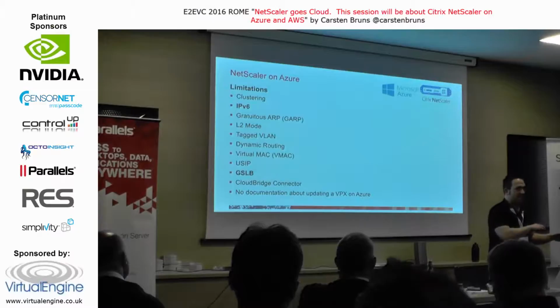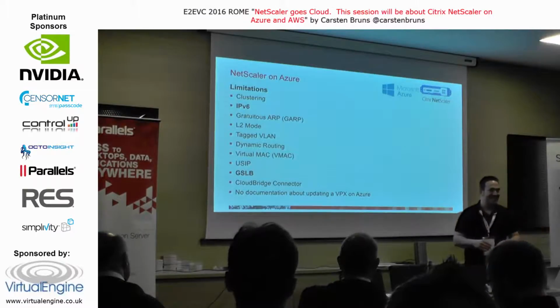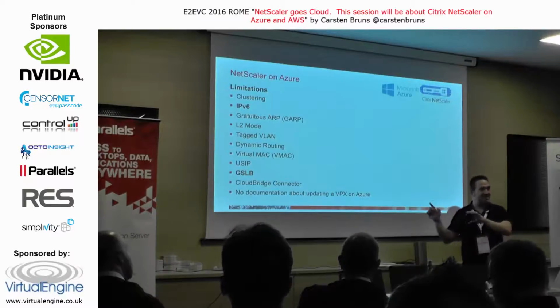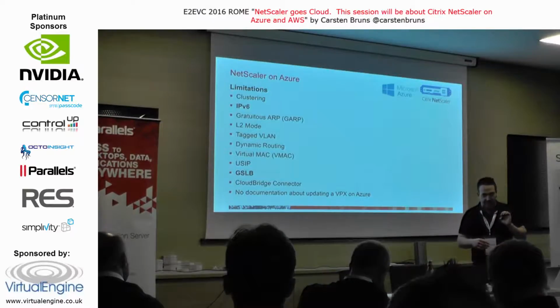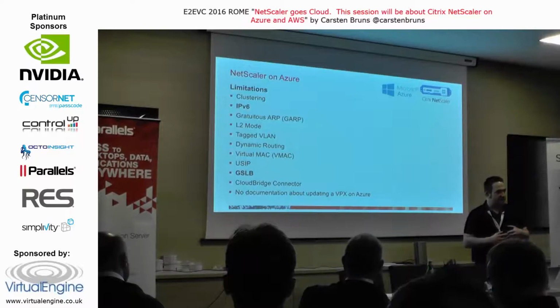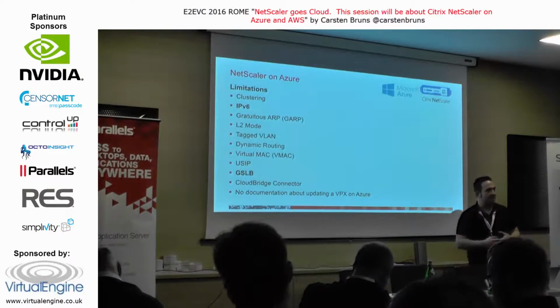When we talk about AWS, this will be much more complex. So this is the easier part. Okay, that's interesting. And you asked about limitations depending on how this NetScaler is deployed here.